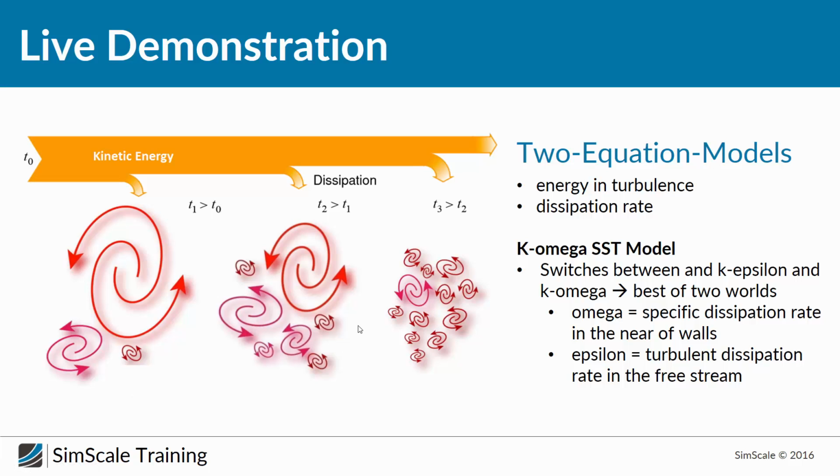Okay. One very important thing when we talk about turbulence, just to understand what I mean with different scales. Let's take a look at this. Let's imagine this is the kinetic energy of the core flow, far away, for example, from the wall.